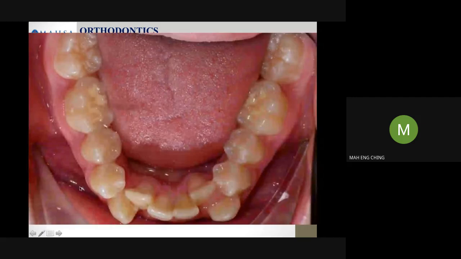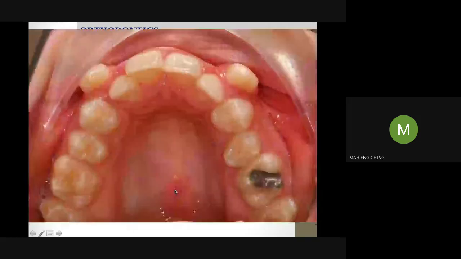For example, I see the contact point between the lateral incisor and the canine. So the contact point is here, then it's here, then this contact point displaced more than 4 millimeters, then consider 4D. Same for this one, lateral incisor and canine, more than 4 millimeters contact point, so consider 4D. Again, 4D, when it comes to severe crowding it is always 4D. They are not 5D, only 4D.